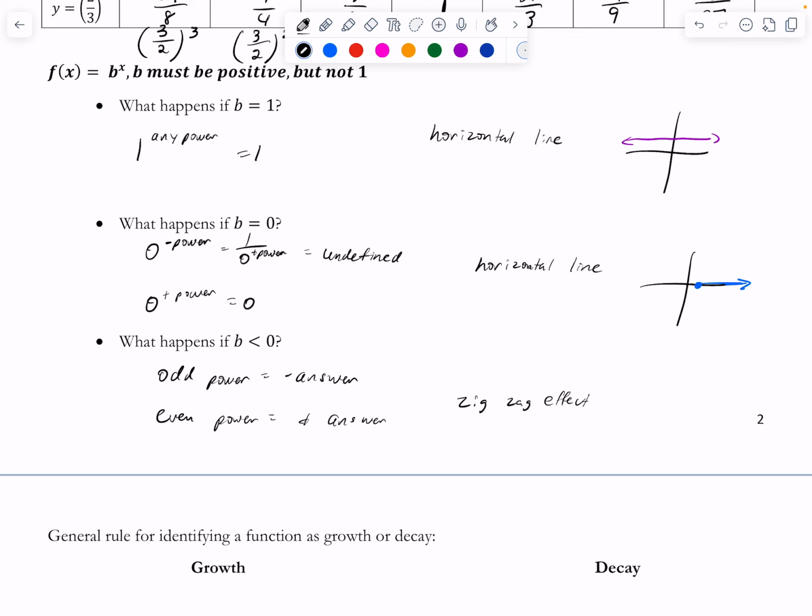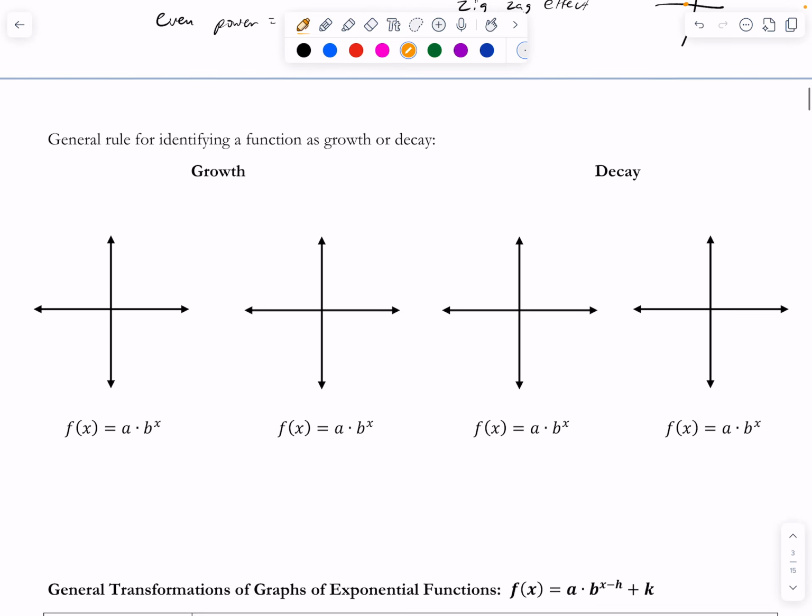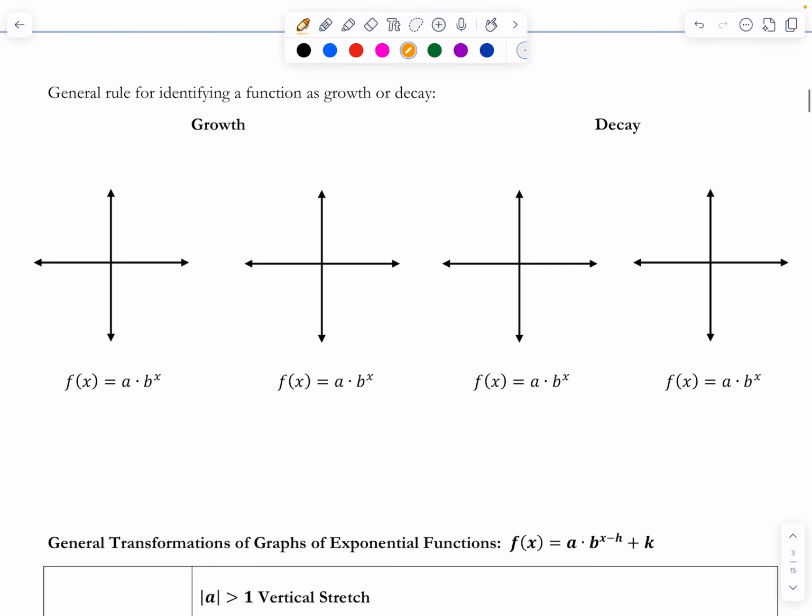And I'll show you what I mean. So basically how it looks is kind of like dots like this. All right, so that's what happens when you have a base that's negative. Again, we're not going to have that happen in this class, but it might happen sometime later on in your math classes.